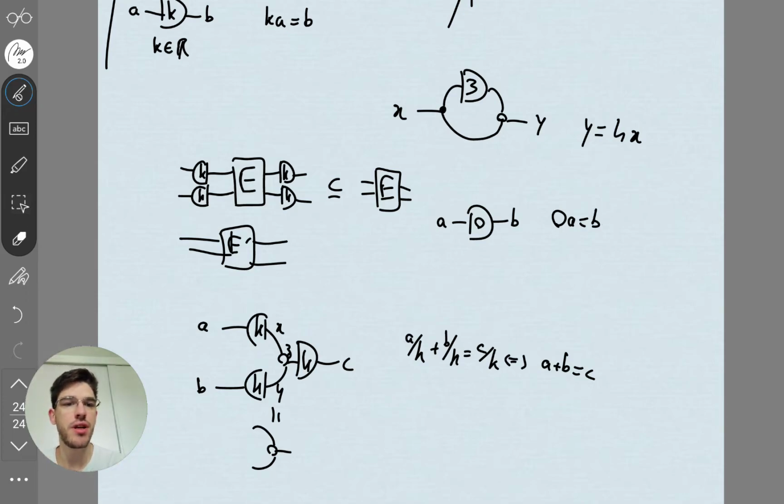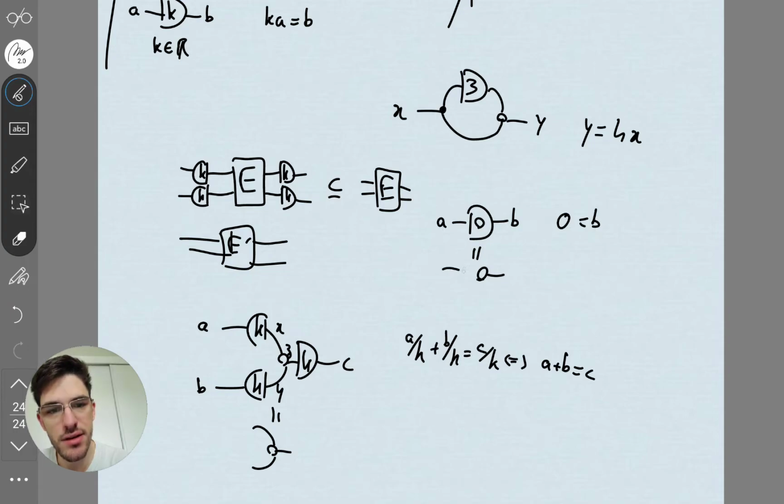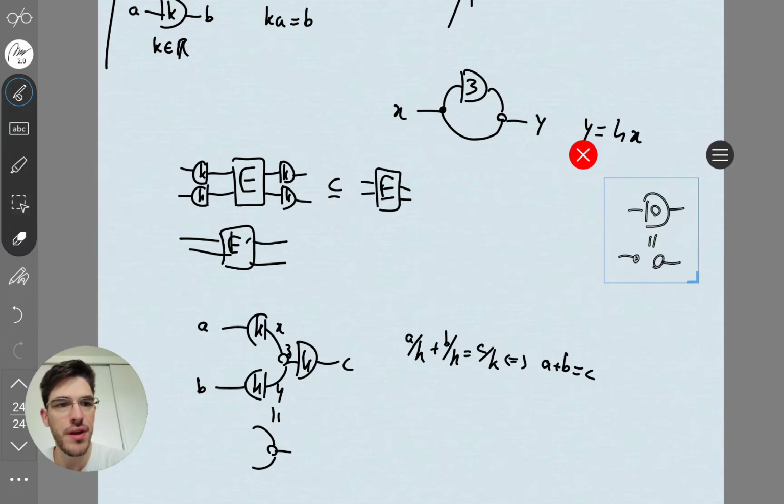This equation 0a equals b is just the equation 0 equals b. Another way of writing this is b equals 0. We know how to write that. And a is whatever. Whatever a doesn't matter. This is the same equation: 0 equals b and 0a equals b is the same thing. So multiplying by 0 is a particular thing we can draw like that.